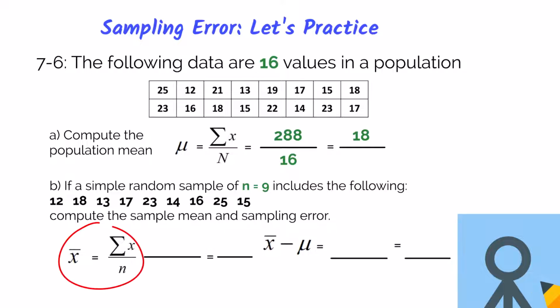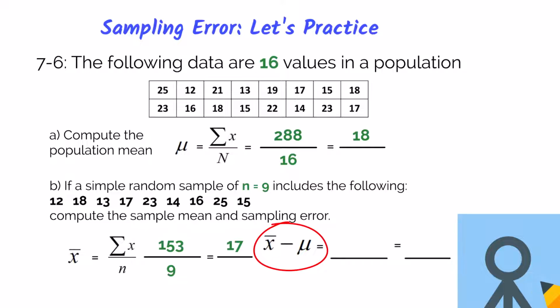The calculation for the sample mean is the same as the population mean, except we now divide by the sample size. In the numerator, if we add up all of the numbers in the sample, we get 153. Then the sample size of 9 was given in the problem. So 153 divided by 9 gets us a sample mean of 17. Now here is the formula for the sampling error again.